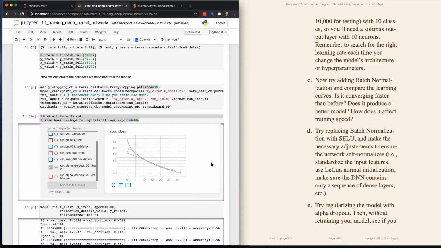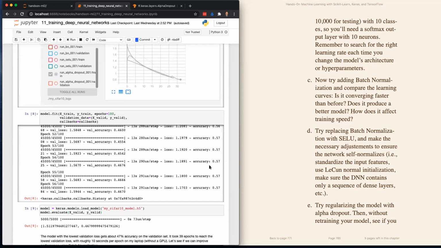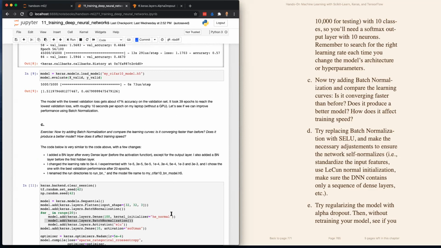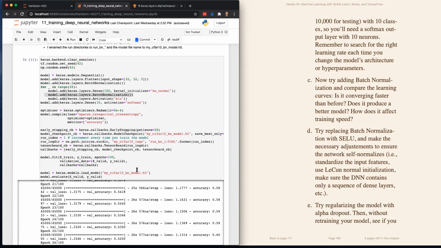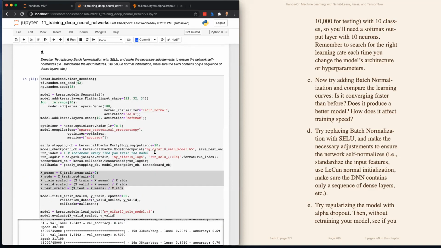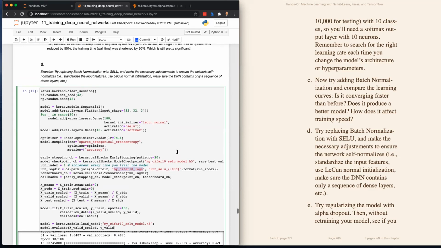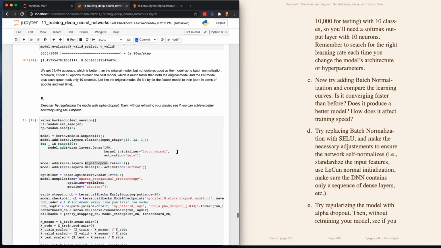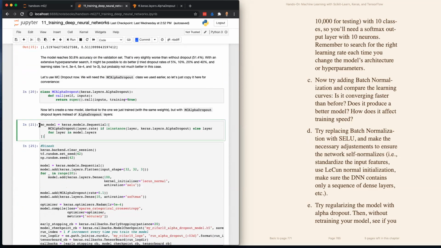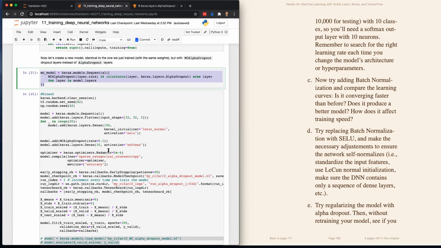Oh, I know what's going on here. For the next question I was getting an error, so I just copy pasted the previous code and added the layer MC alpha, but I should have changed the model here, or the log directory.